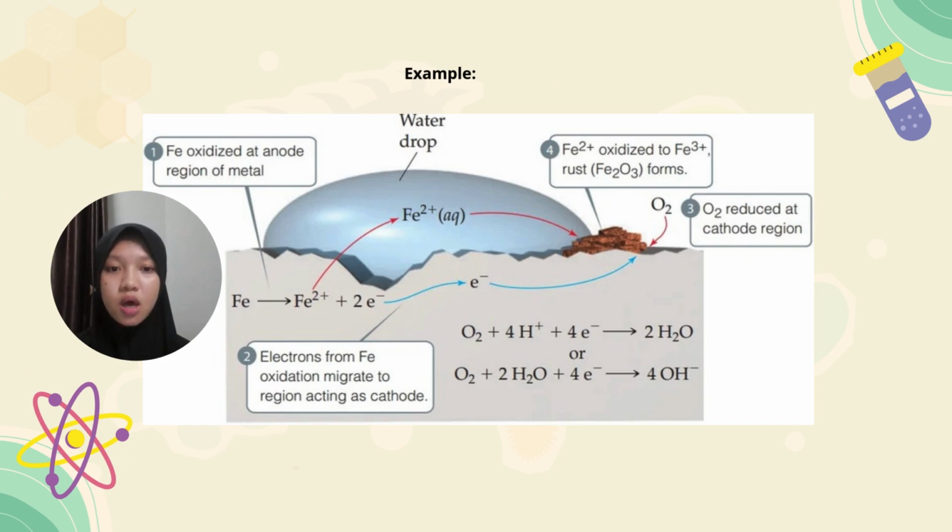Within the equation, O2 plus 4H+ plus 4 electrons, which means it receives more electrons, will form 2 moles of H2O. Next, rust, Fe2O3, is obtained from Fe2+ that is oxidized to Fe3+.